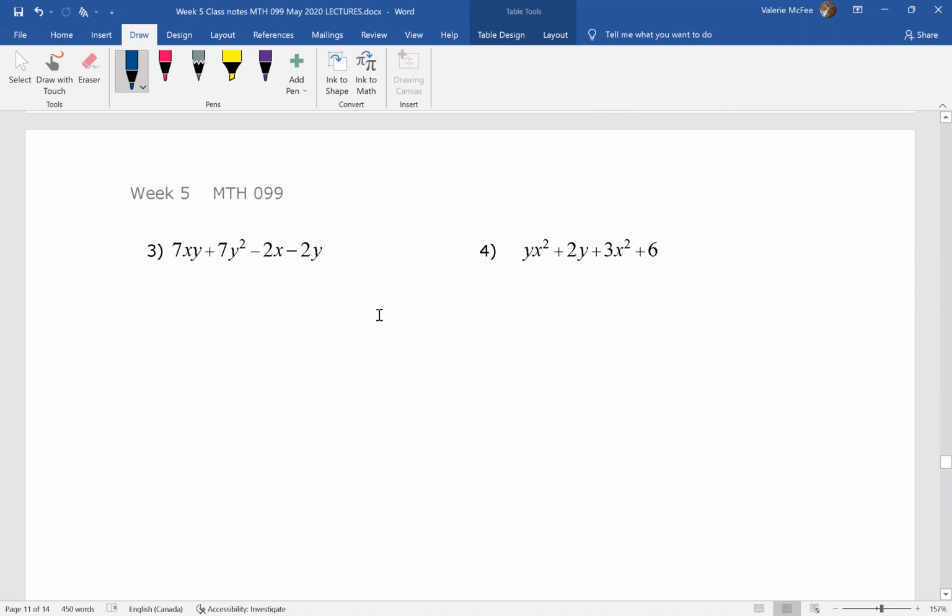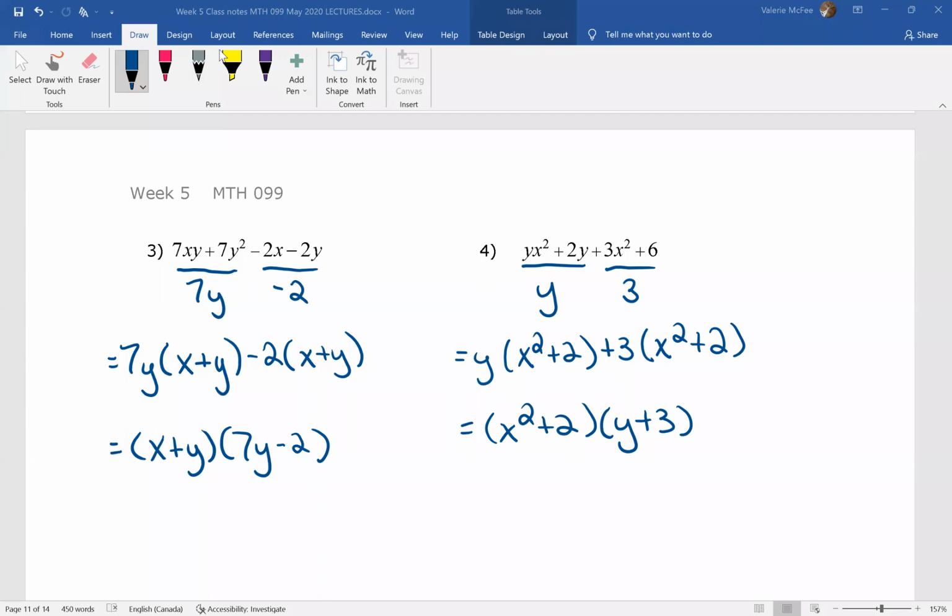Here are 2 more questions. Give these a try. So for question 3, we found 7y to be the greatest common factor for the first 2 terms, minus 2 to be the greatest common factor for the last two terms. X plus y is common, and we multiplied x plus y by the quotient.